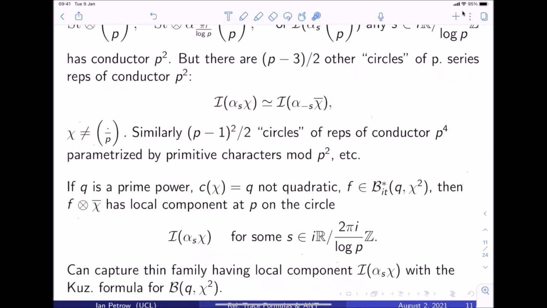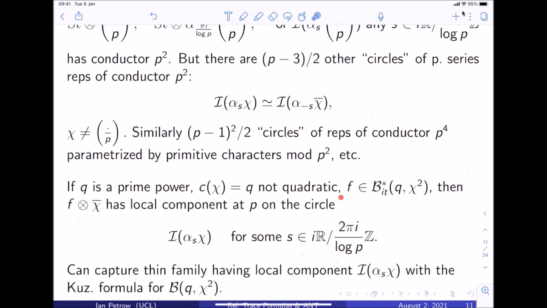Okay, so this was all locally at a single prime, so q is a prime power. Then if I take a newform, so this star here means a newform now, of conductor q and character chi squared, then the crucial fact here is if I take f and I twist it by chi bar, the local component of this thing is going to hit exactly the representation that's that circle.